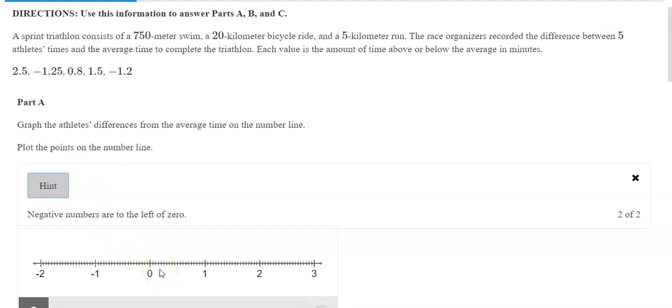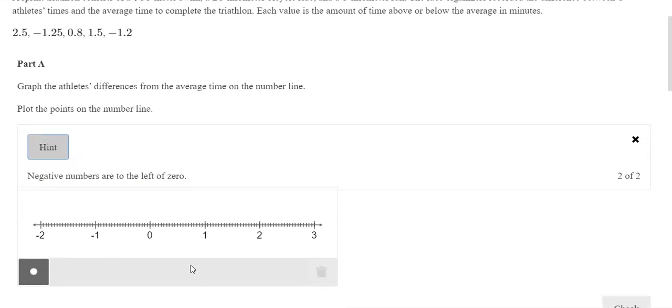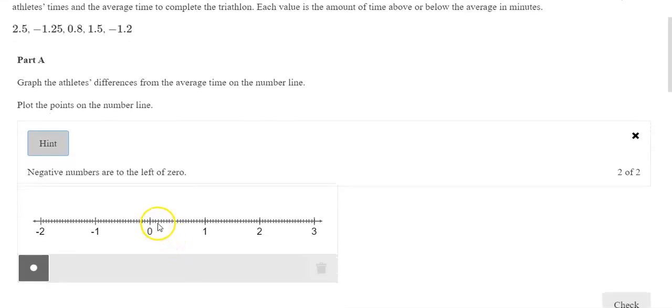So we have 1, 2, 3, 4, 5, 6, 7, 8, 9, 10, 11, 12, 13, 14, 15. Sorry, I lost count. 8, 9, 10, 11, 12, 13, 14, 15, 16, 17, 18, 19, 20.